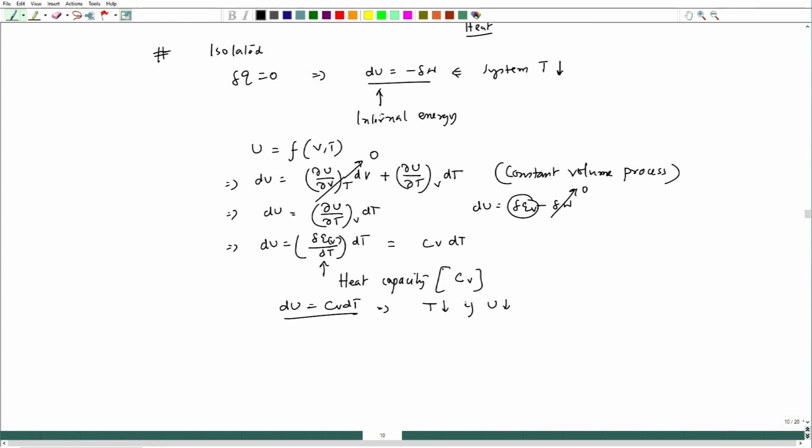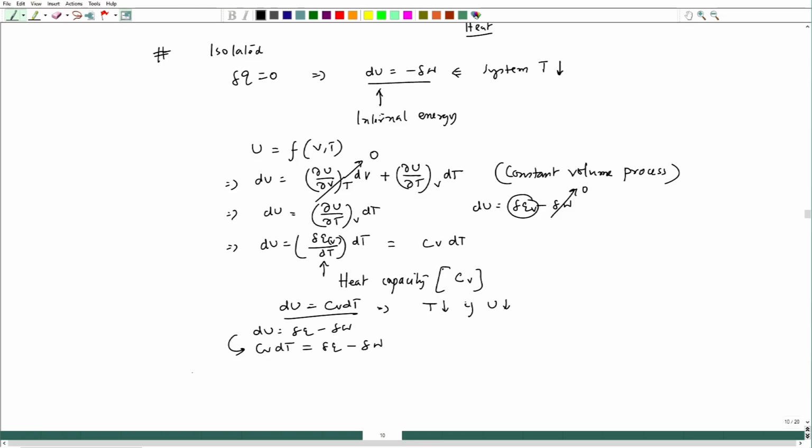Now, once we have this, I can write the full equation: Cv dT equal to del Q minus del W, which is coming from dU equal to del Q minus del W. So this turns out to be this.